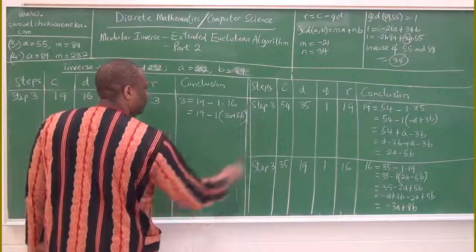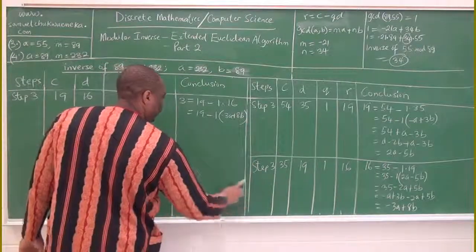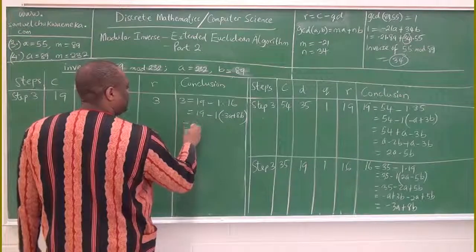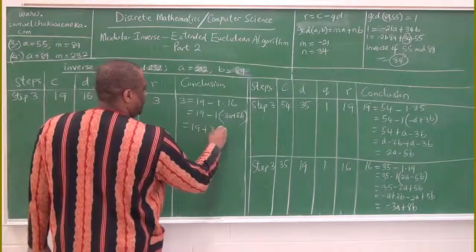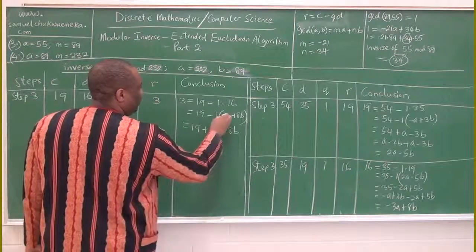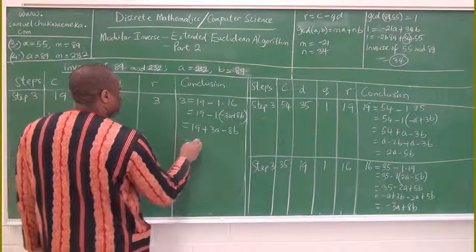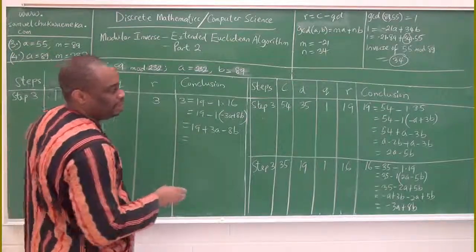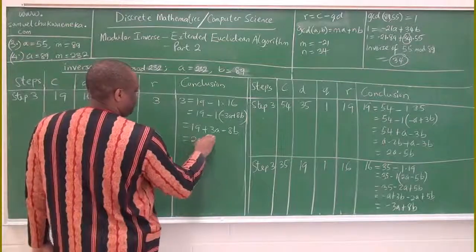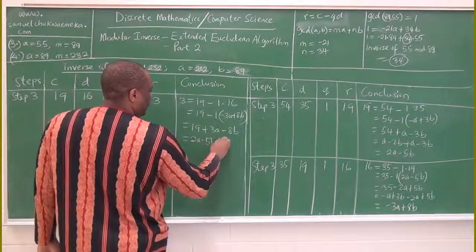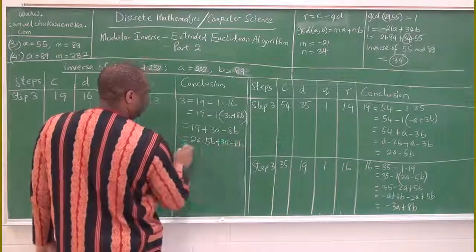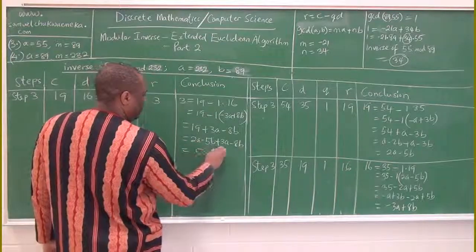Okay? Which is equal to 19 plus 3A minus 8B, right? Which is equal to 19 is what? What did we get as a 19? 2a minus 5b plus 3a minus 8b, which is 5a minus 13b.